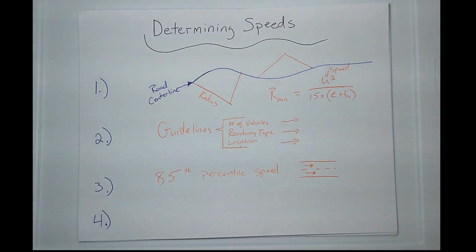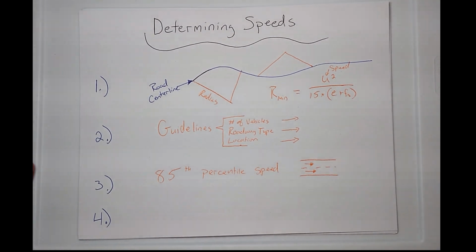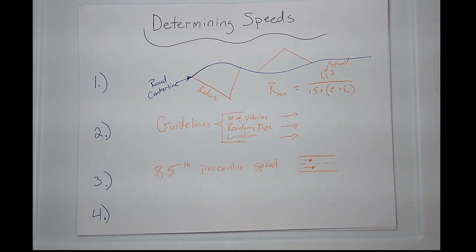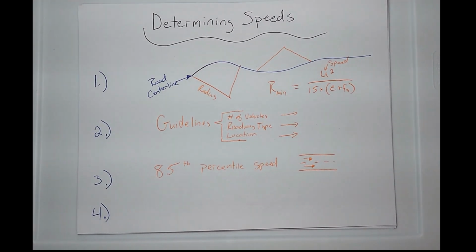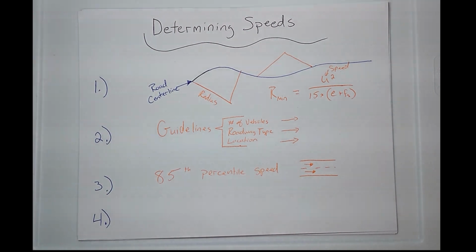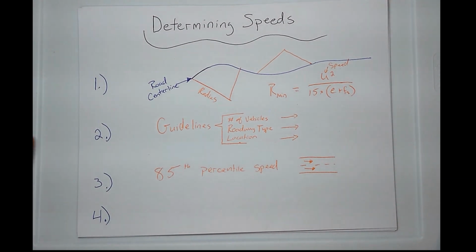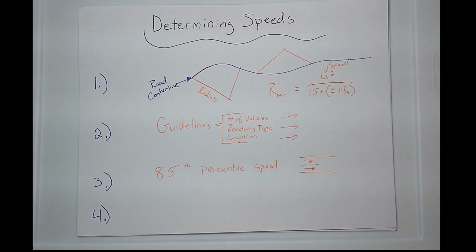And what they use is the speed that is most traveled to set the speed limit that should be on the roadway. An example of this may be a roadway that feels like it should have a posted speed of 45 miles per hour, whereas the posted speed limit is only 35 miles per hour.